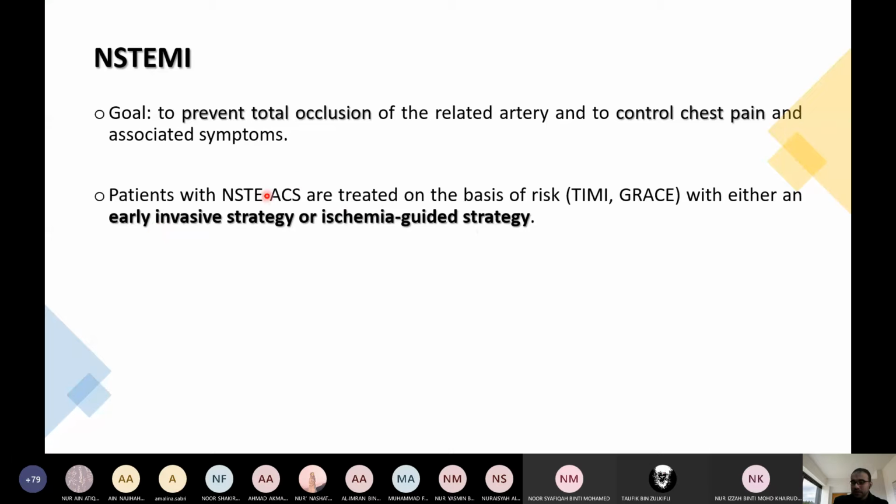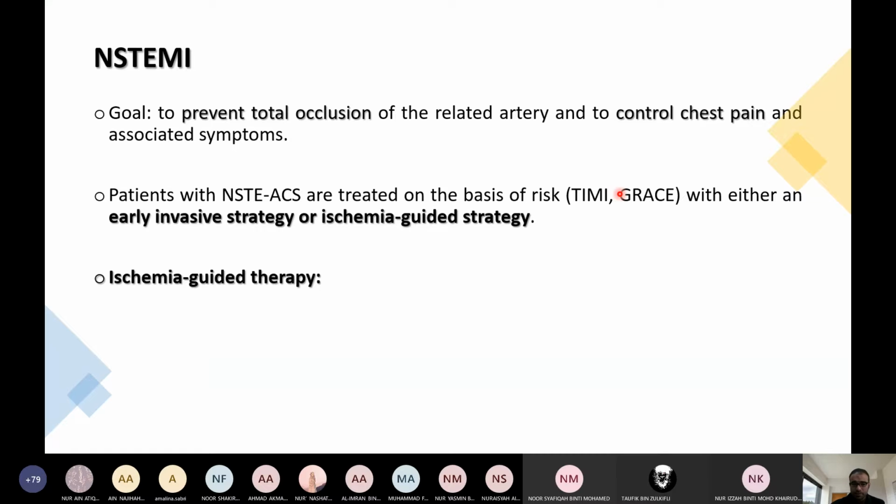The patient with non-STEMI, unlike the STEMI, according to the risk by either the TIMI or the GRACE score that we have highlighted, will be either a candidate for early invasive, meaning we have to intervene earlier by the PCI or CABG, or ischemic guided therapy, which just focuses on the medication.